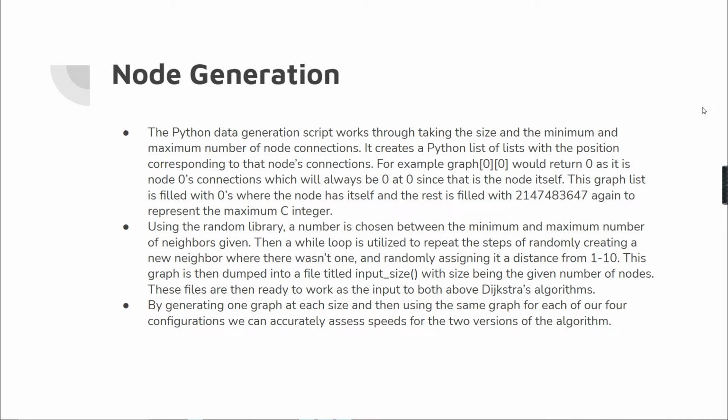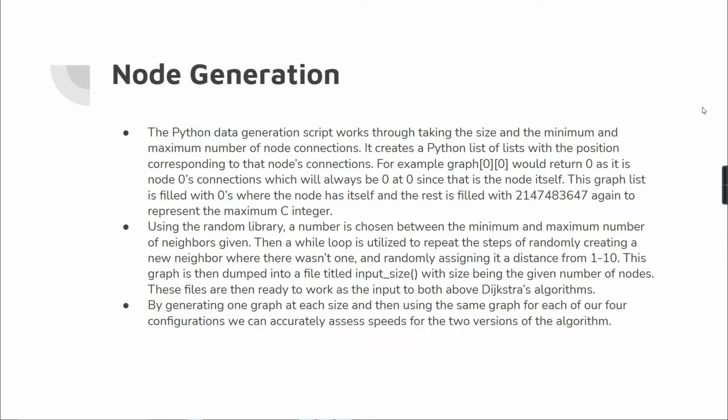We have a Python script that we use to generate the graphs that we would use in our Dijkstra's algorithms. The Python script would take the size of the graph and the minimum and maximum number of node connections, and would create a 2D array that represented the distance from each node to each other node.